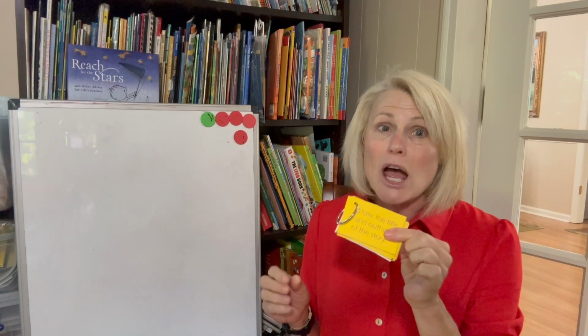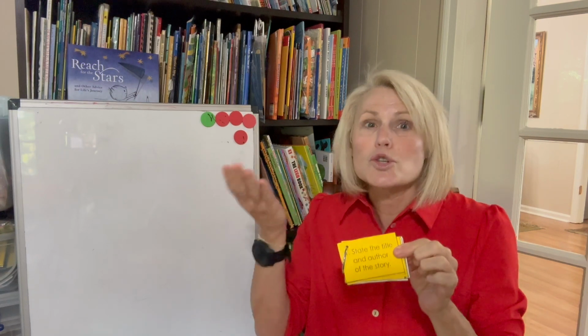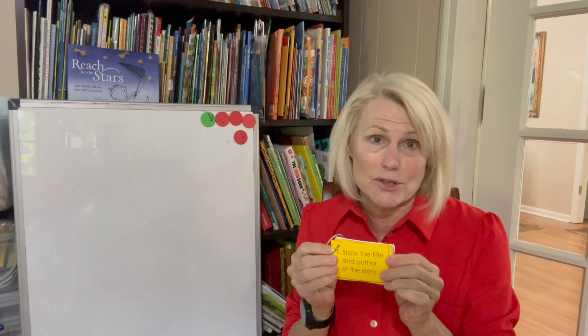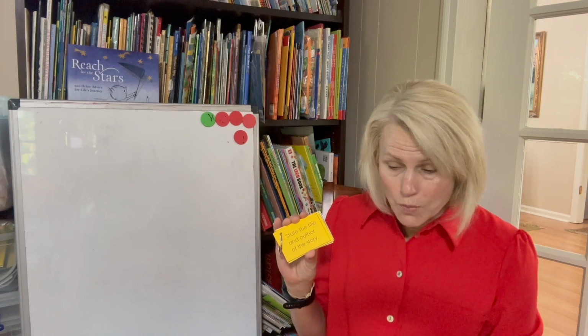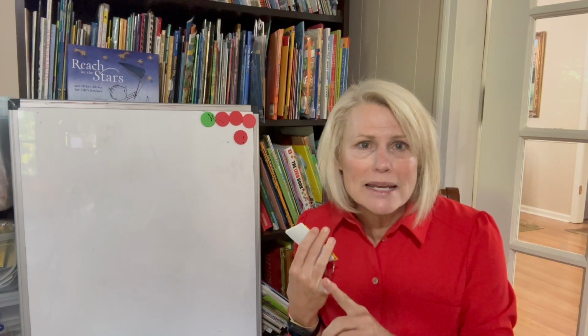Now, you need to know these are used with narratives or stories, right? Nonfiction, you're not going to have characters. You're not going to have a setting. So make sure you're using these. You can use them with a passage they read.